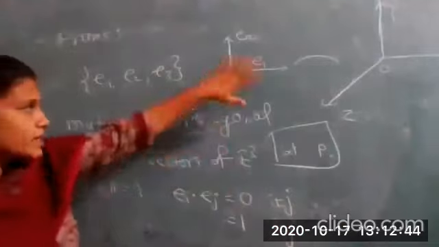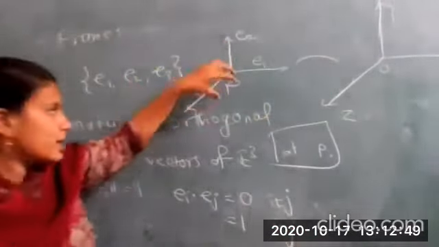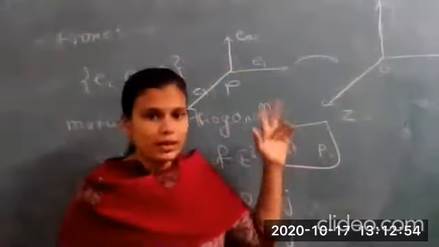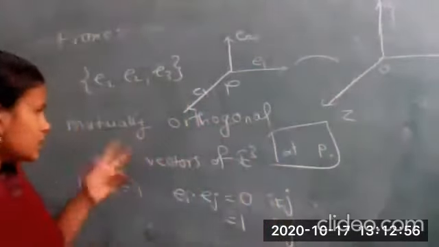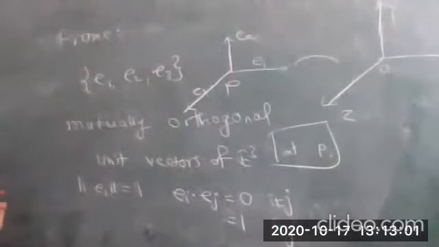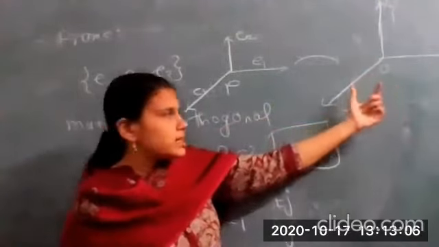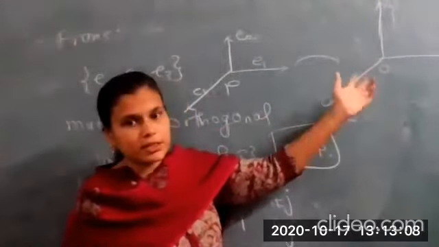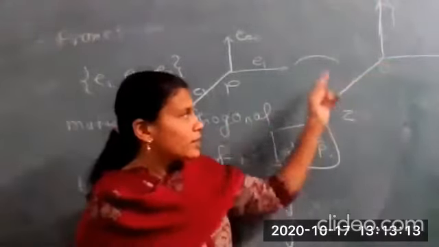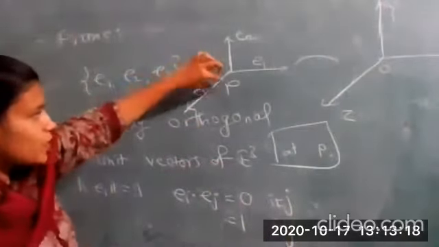These are very similar, but what is the difference? Here they are unit vectors shifted to any point P, while in the coordinate system there is no restriction of unit length. This is our 3D space. Here we have the origin O at 0, 0, 0, and we have the x, y, z axes. But here they are shifted to any point P.